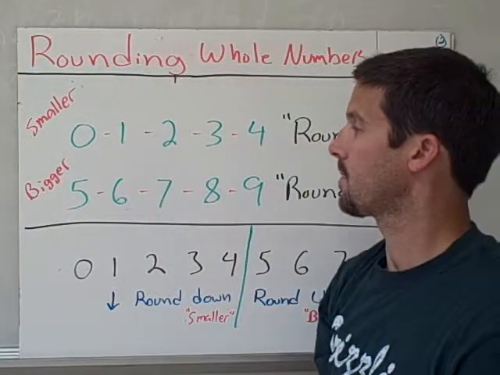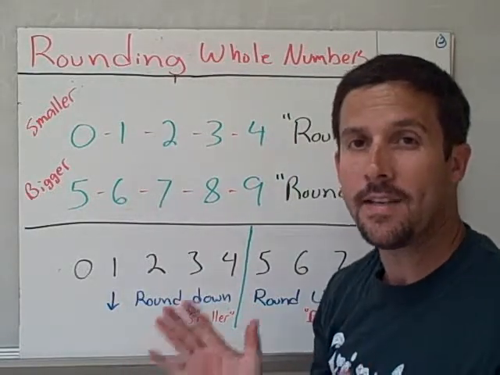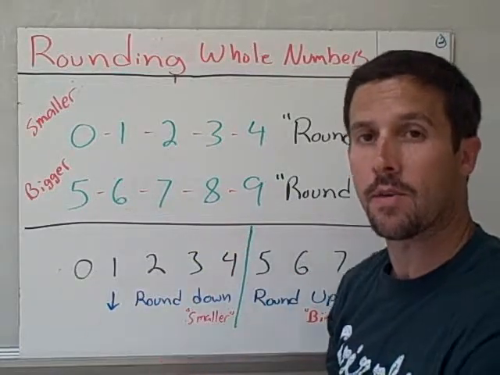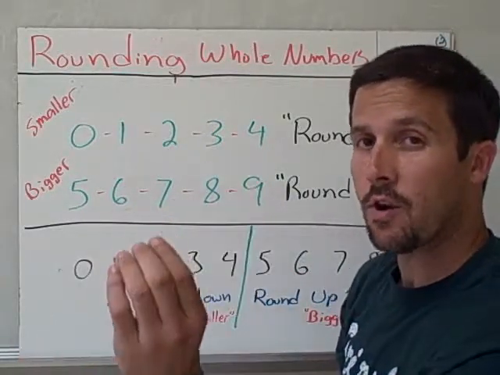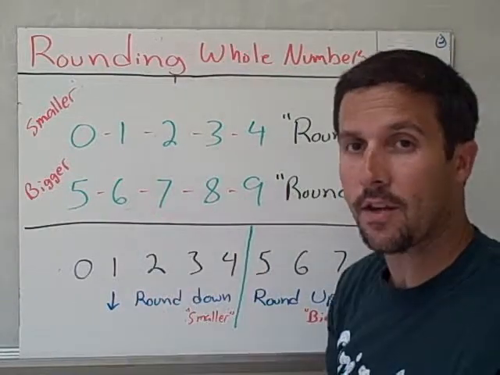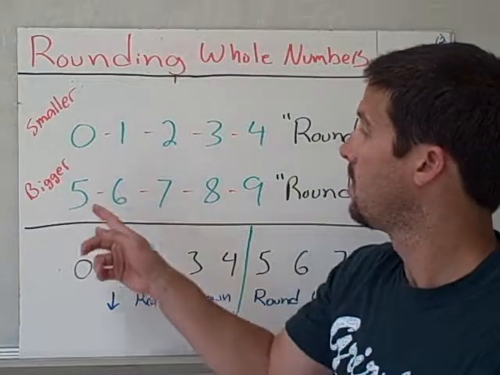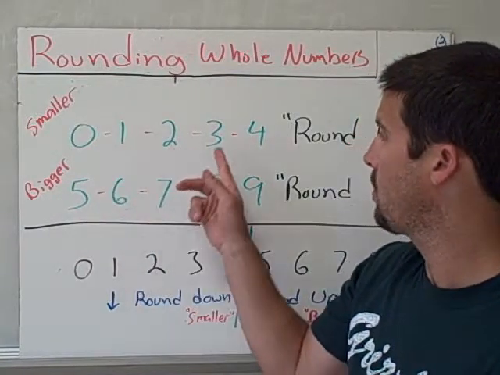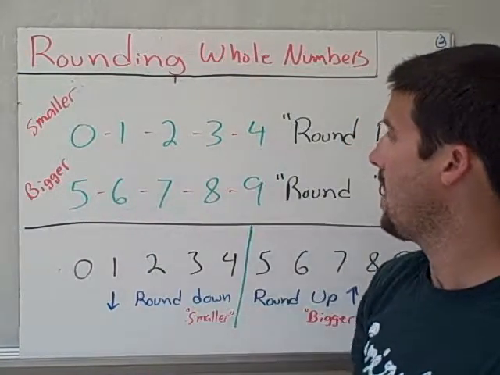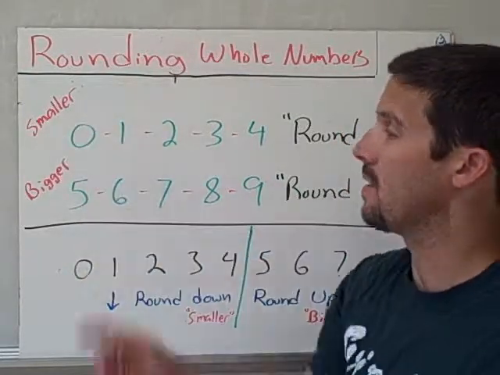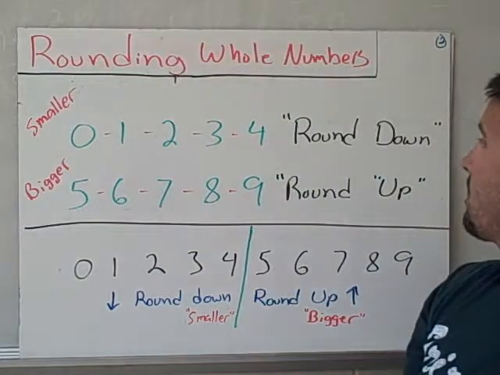Rounding whole numbers. First, we need to separate the base 10 number group that I talked about, the numerals 0 through 9. We need to break those in half. So we're going to start with 0. We go to 1, 2, 3, and 4. And if you look at that, that's 5 numbers, including the 0. And we're going to call those the smaller numbers. Okay?